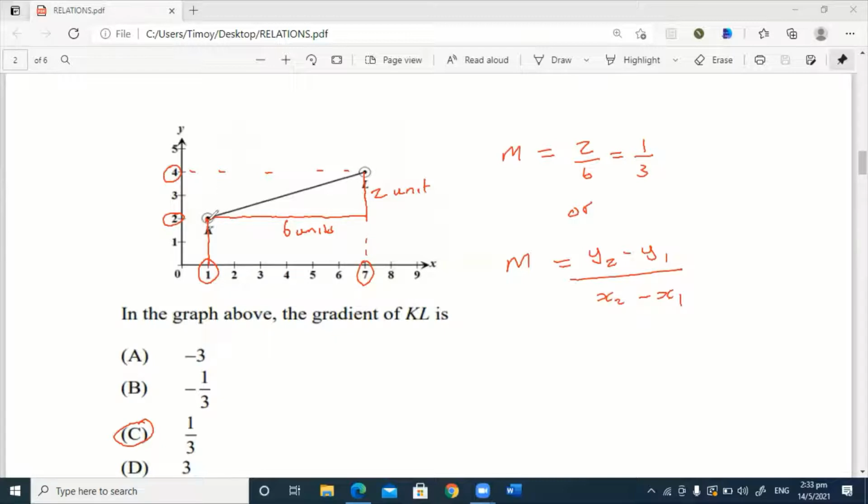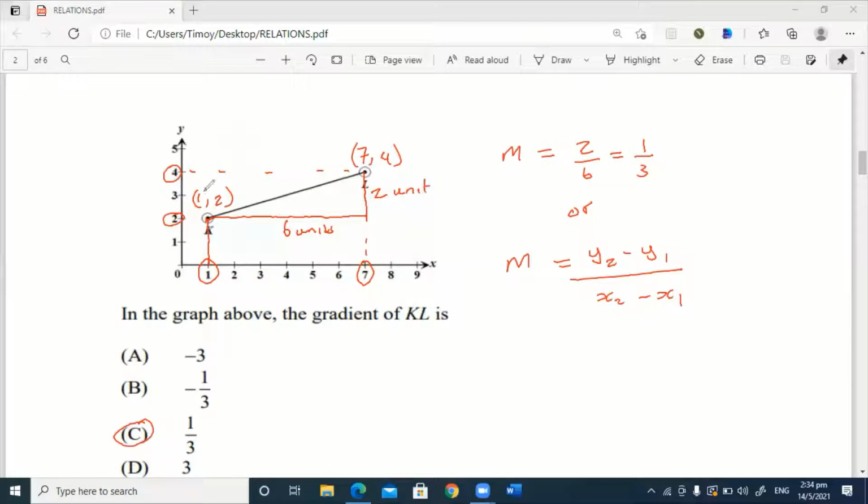Now, what is the coordinate of point K? You can see that point K has a coordinate of 1, 2. So we could write that on. That's just 1, 2 for point K. And for L, that's just 7, 4. Now, all we need to do is to identify which one we're going to call x1, y1, and which one we're going to call x2, y2.